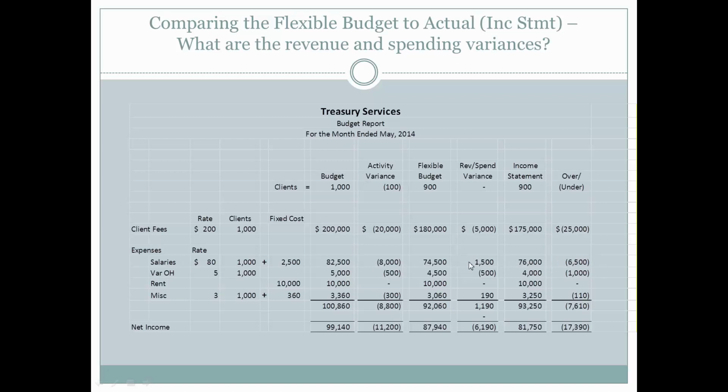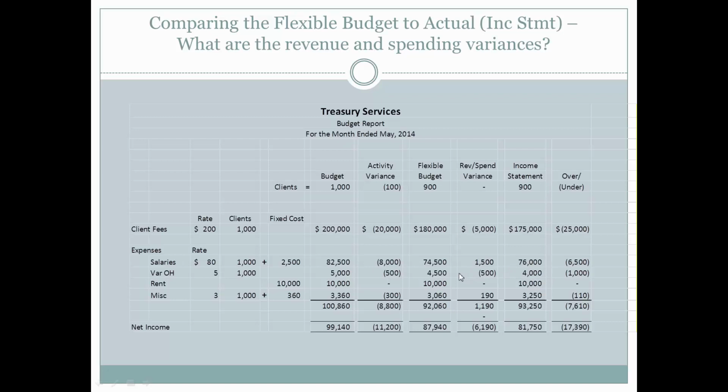So this would be considered to be an unfavorable variance because it should have been $74,500 in comparison to $76,000. So this would be unfavorable. Now this says that the variable overhead should have been $4,500. However, it was $4,000.